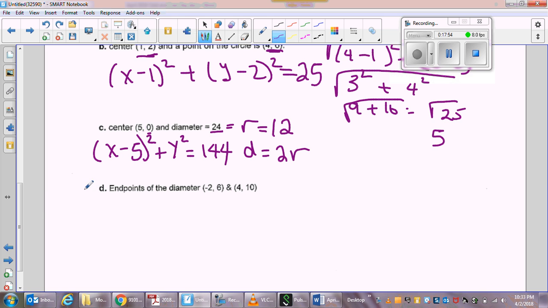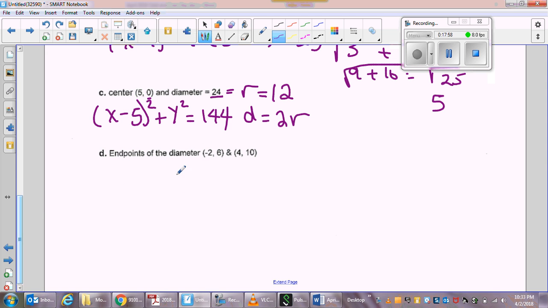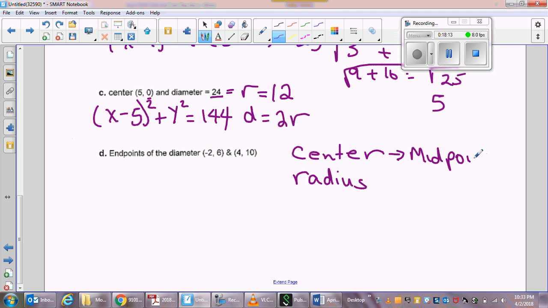Okay? All right, the last one is they didn't give me the center nor the radius. I need to find the center and I need to find the radius. Okay? So to find the center, I will use the midpoint. To find the radius, I will use distance.